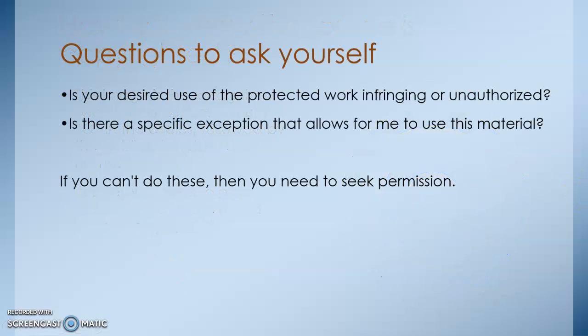Now, when doing research on a digital platform, here are some questions you might ask yourself. Is your desired use of the protected work infringing or unauthorized? Is there a specific exception that allows me to use this material? If you can't do either of these, then you need to seek permission.